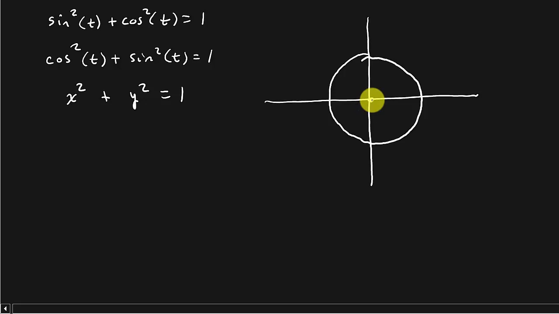All right. So what we want to do is make up a table. I've got the graph drawn, but remember we need the direction. So let's do t, x, y.